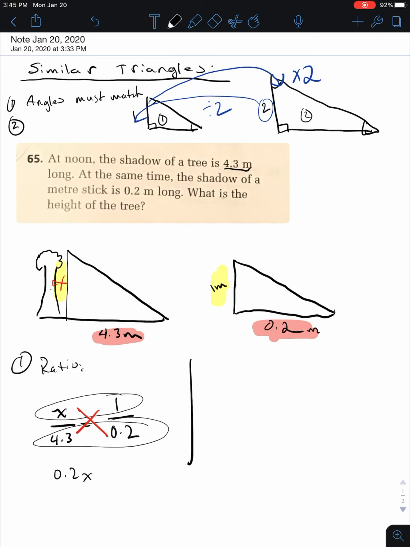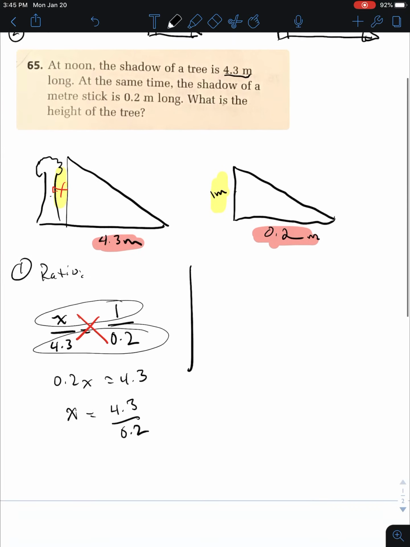So after I cross multiply here, I'm going to get 0.2x is equal to 4.3, right? And then x is equal to 4.3 divided by 0.2.